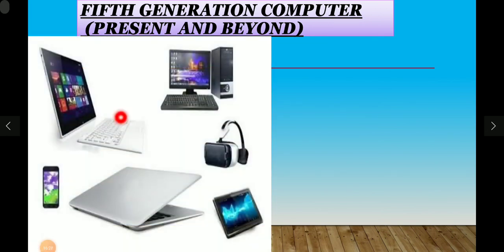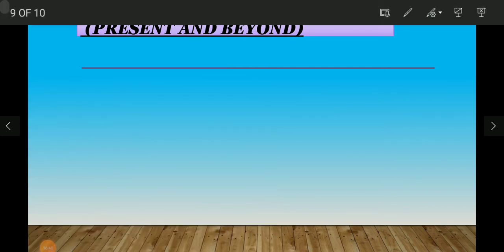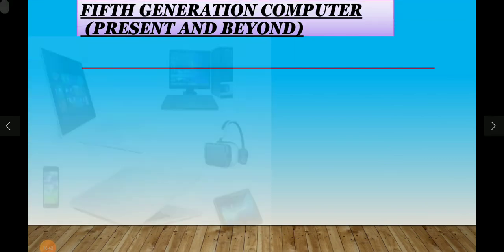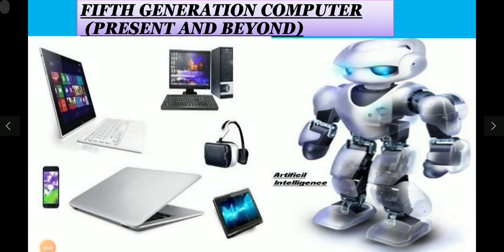See, these are the fifth generation computers which we are using now, that is laptops, iPads, smartphones, tabs, and VR. These all come under the present fifth generation computers. And next, this is our future, that is robots.